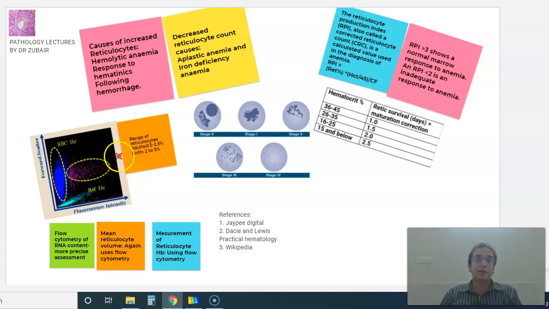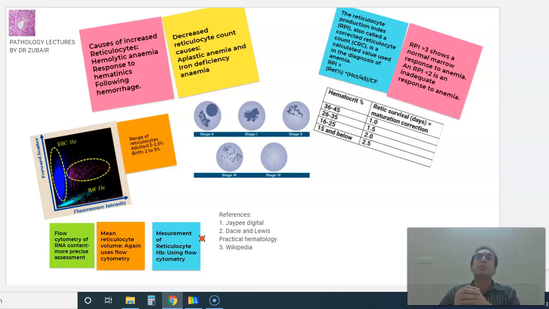Now there are newer methods of estimation of reticulocytes, which can be done by flow cytometry, and that will even give you things such as the reticulocyte hemoglobin and the mean reticulocyte volume. So to summarize, reticulocytes are immature red blood cells.